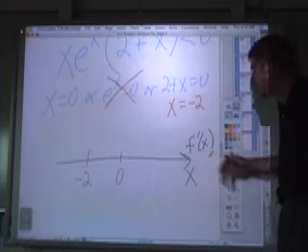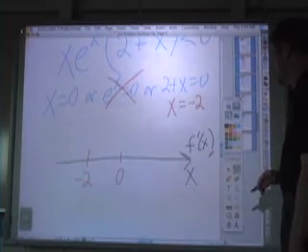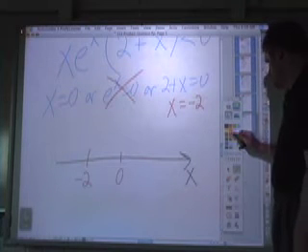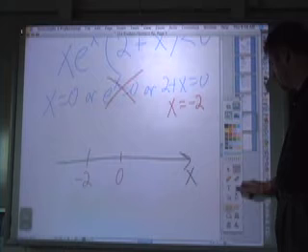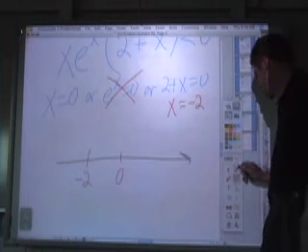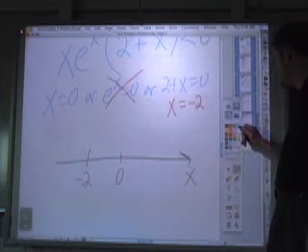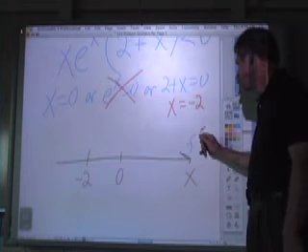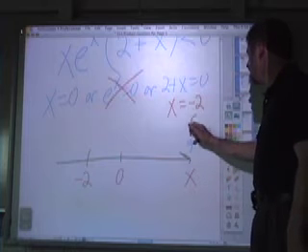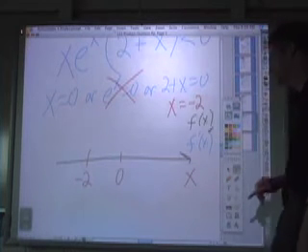I write f prime of x. And above that, I'm going to do this in different colors. So we've got the red layer down below, which is the boundary values. Above that is the blue values for f prime of x. And above that in green, we have the values for f of x.